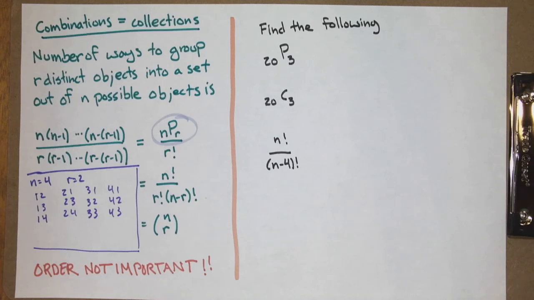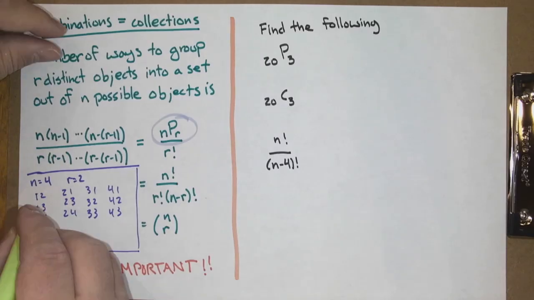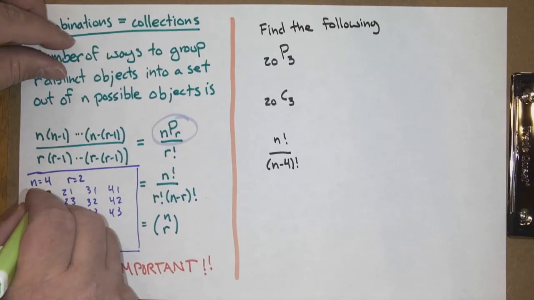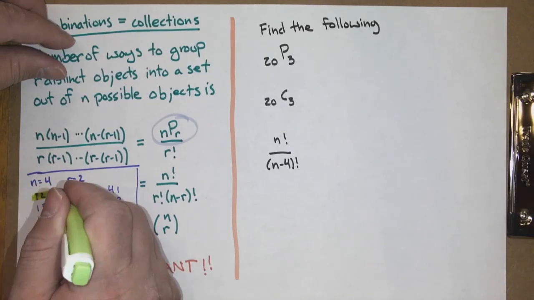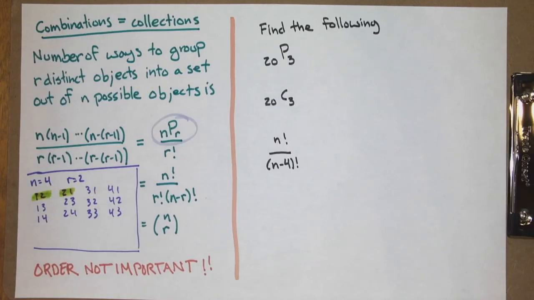Now the thing is, I want to forget the order. And as we look at this, we say, oh, wait a second. Some things show up twice if we're forgetting order. Like this 1, 2 matches with this 2, 1. What else matches?